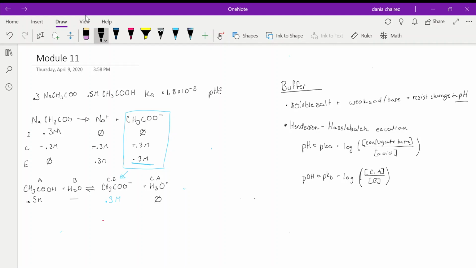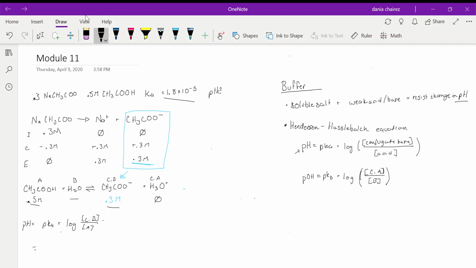So we have enough to plug it into our pH formula. So pH is equal to pKa plus the log of conjugate base over acid concentrations. And we know those. This is our acid concentration, this is our conjugate base concentration, and we can find pKa by doing the negative log of our Ka.